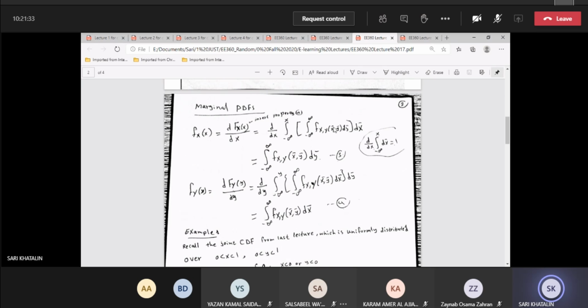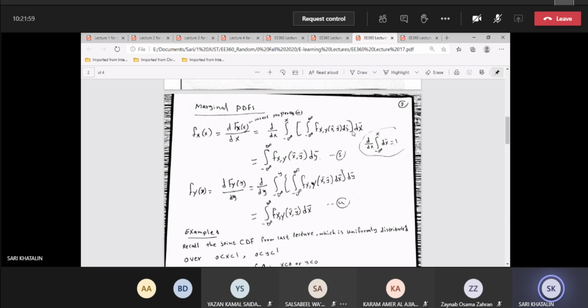Now keep in mind the first derivative of the integral of the density, where the limits are from minus infinity to x, is equal to 1. Of course, you can do that yourself. Just do the integration with the limits from minus infinity to x, and it is going to be equal to 1.